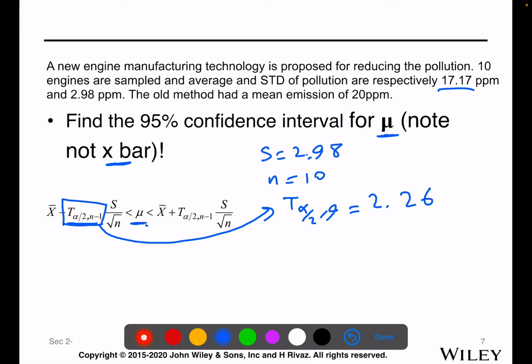So then we have mu is more than, can somebody please compute this quantity? The quantity is 2.26 times S, which is 2.98, divided by the square root of 10. That is 2.13.